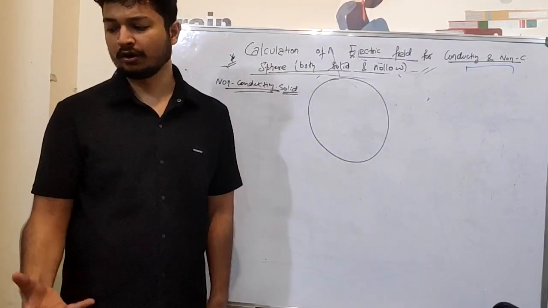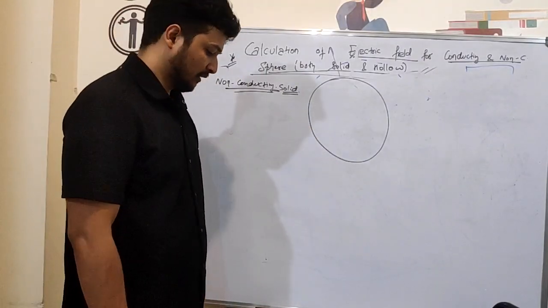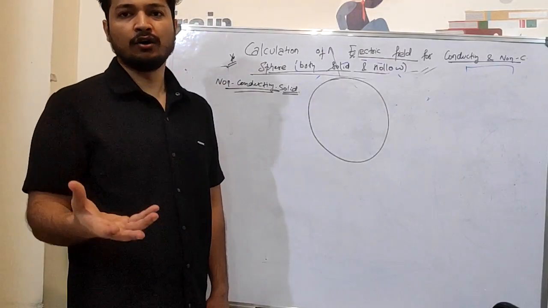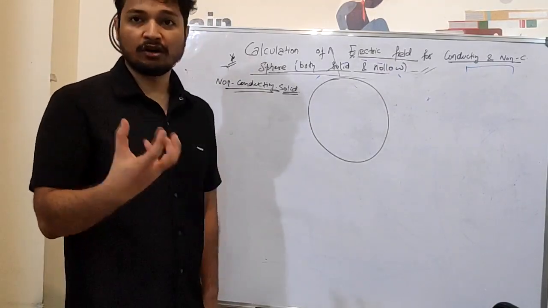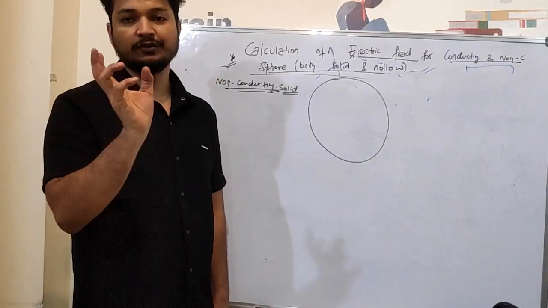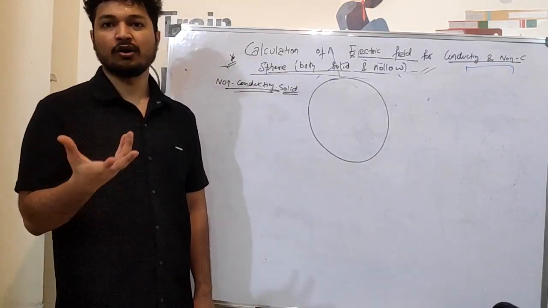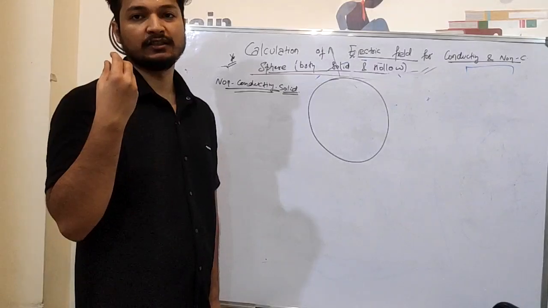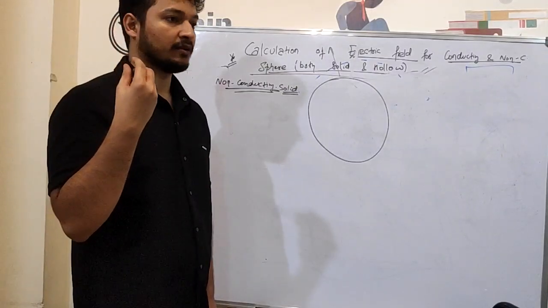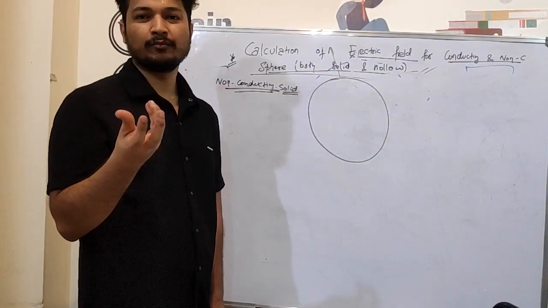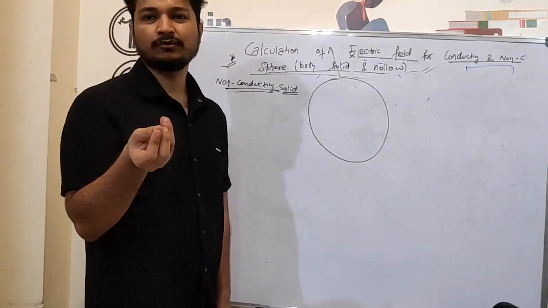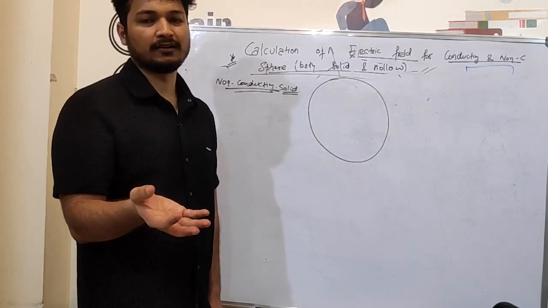Like there is a ball, like anything you have seen, obviously what is a solid and what is a hollow thing. So a ball, like the ball which we play cricket with, it's hollow inside. But the balls we see, ball bearings we see, those things are solid.